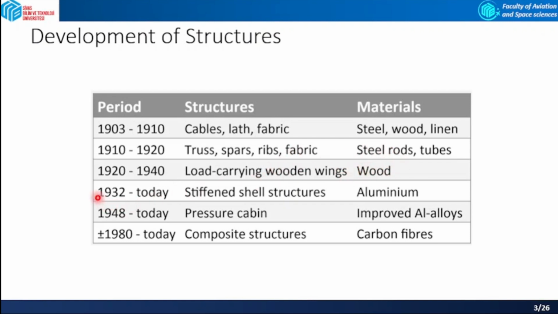But in the early 1930s, aluminum was introduced, and it is still in use in many aircrafts today.